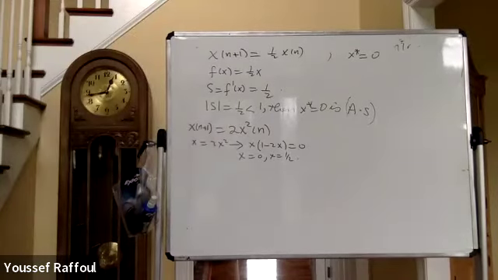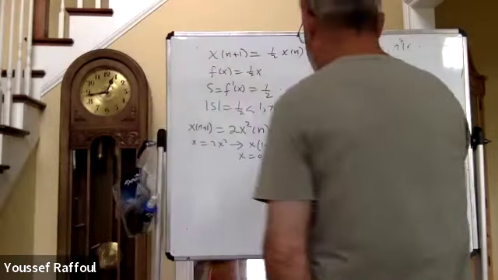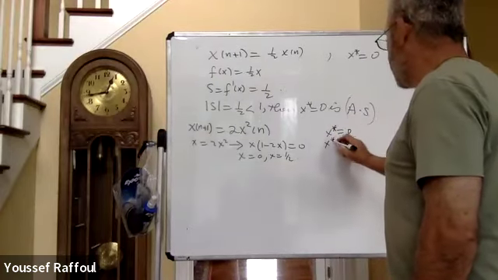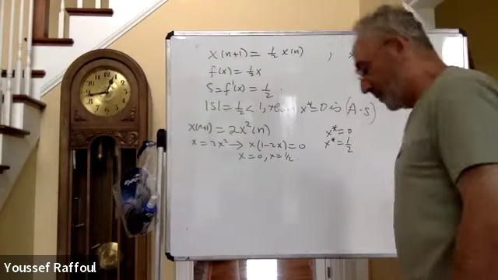Correct? So we have two fixed points: x* equals 0, and x* equals 1/2.